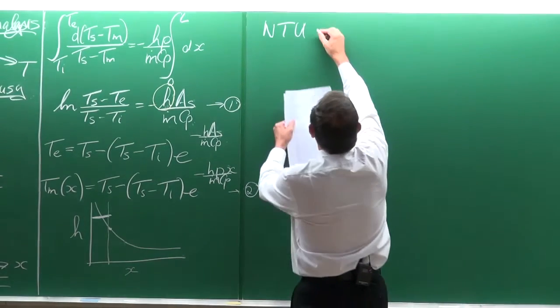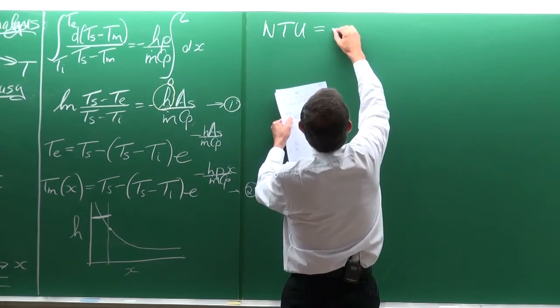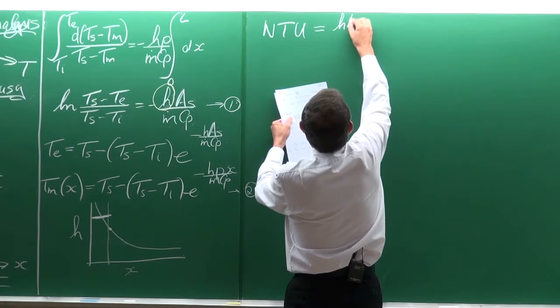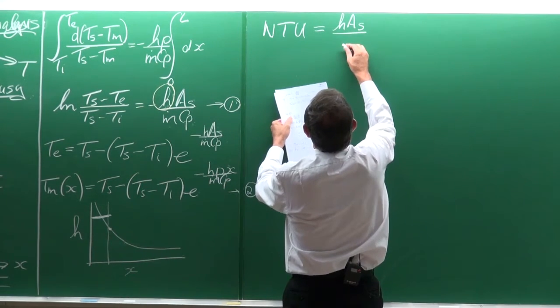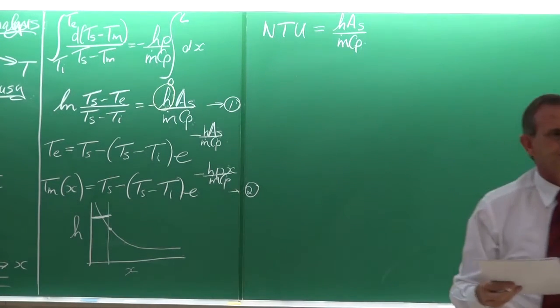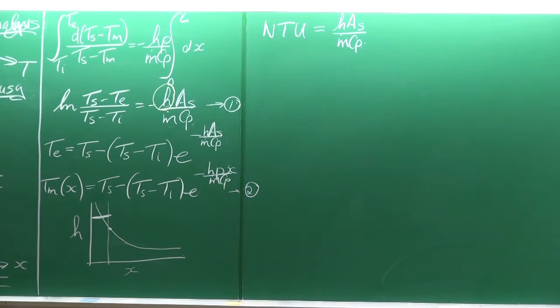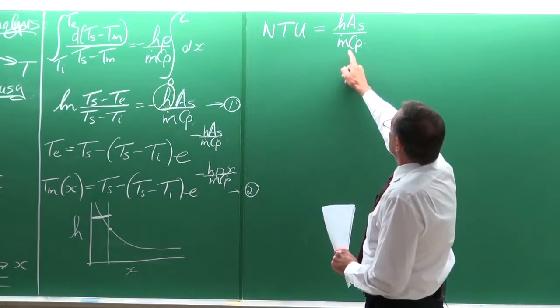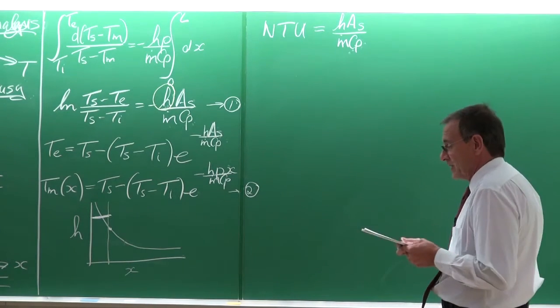So the number of transfer units in general is equal to the heat transfer coefficient multiplied by the surface area divided by the mass flow rate and the Cp. I'm going to come back to that a little bit later about the importance of that equation.